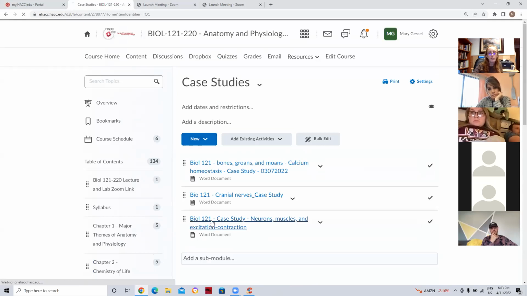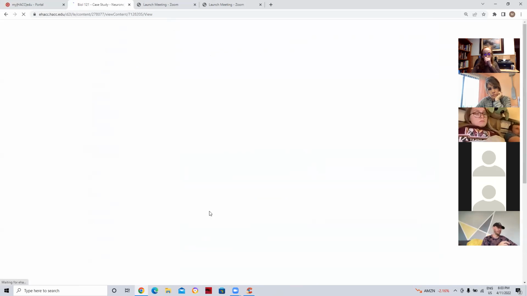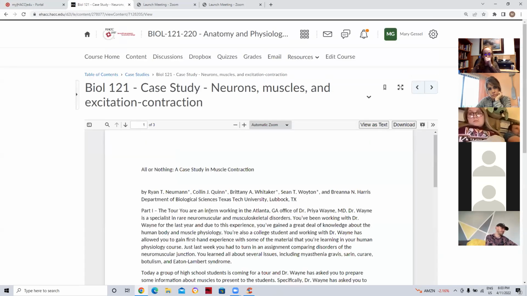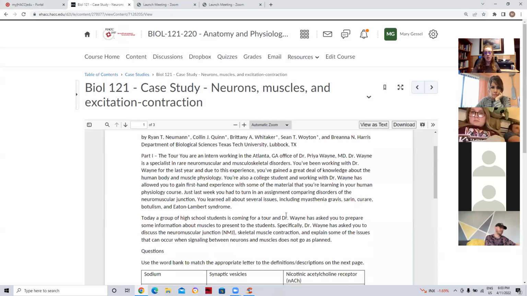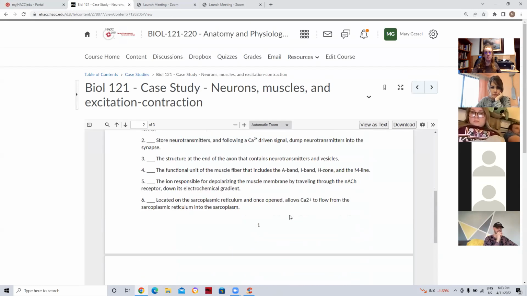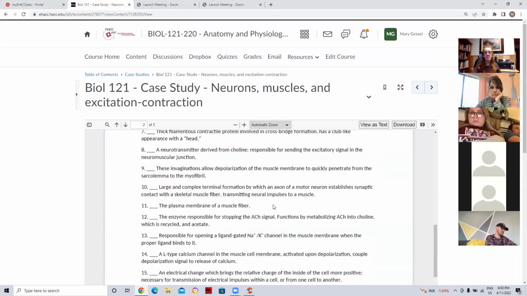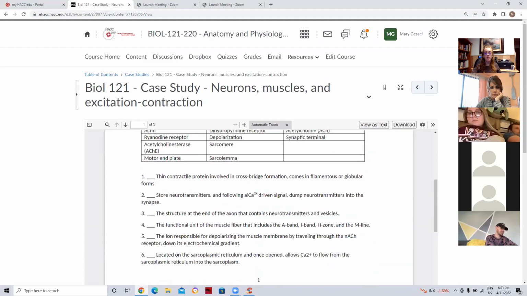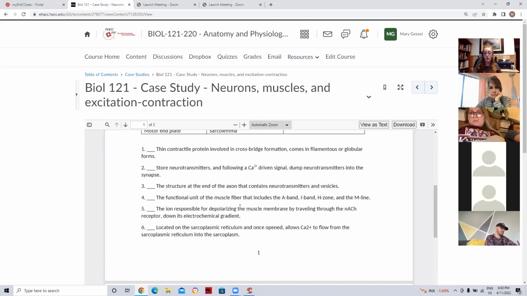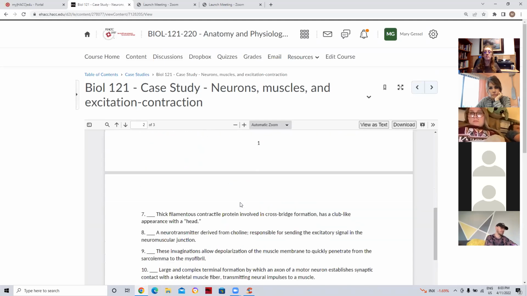So it's right here. I'm not going to read through all of it because there's a lot of story behind it. The first part is all about excitation-contraction coupling, which we will be talking about in about a week to two weeks.